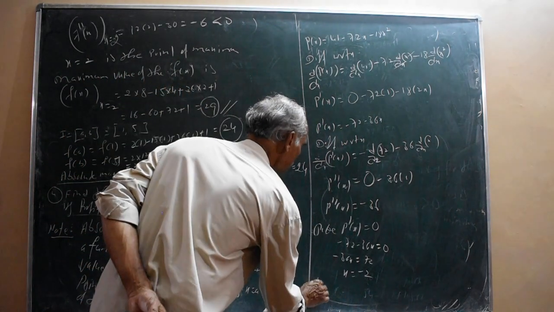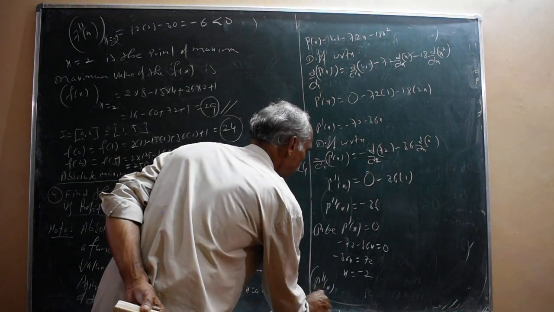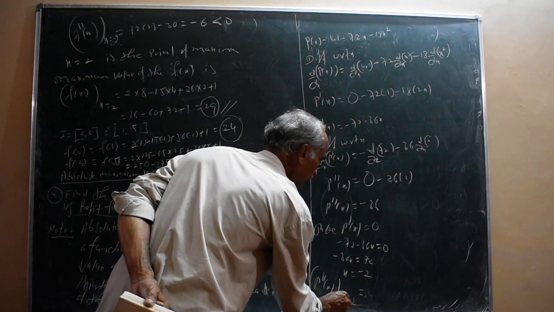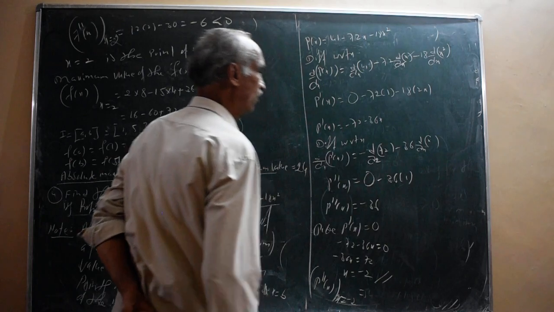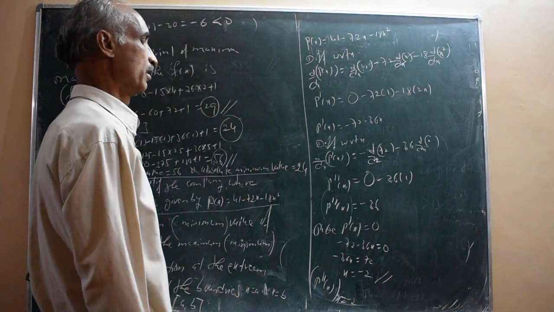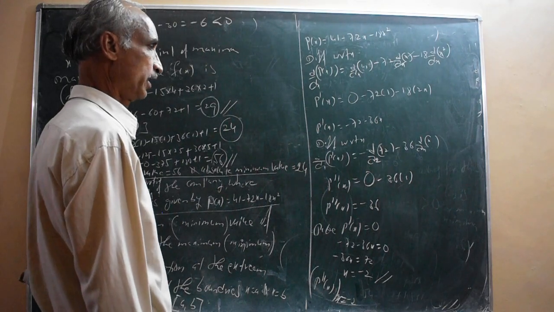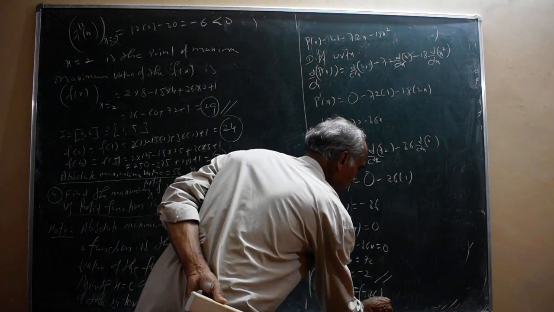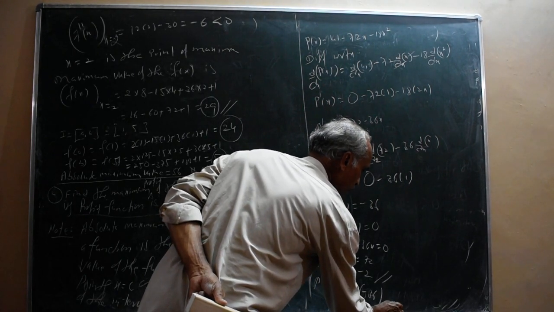P double dash of x at x equal to minus 2. Only one critical point I got, the extreme point. Let's see, p double dash of x at x equal to minus 2, what happens? P double dash of x is minus 36, and x is minus 2, okay.